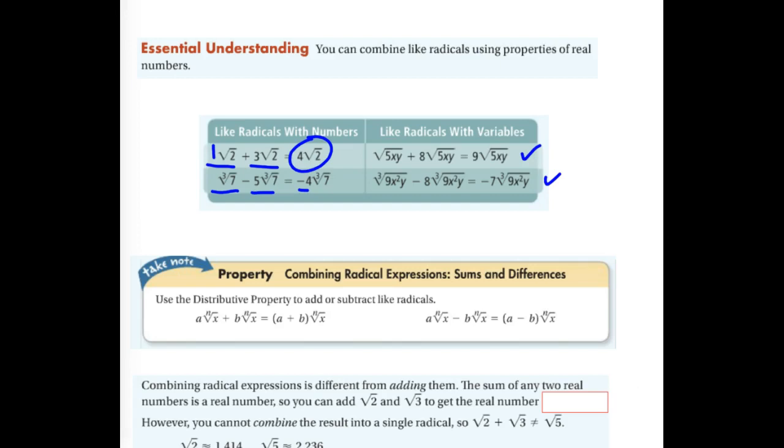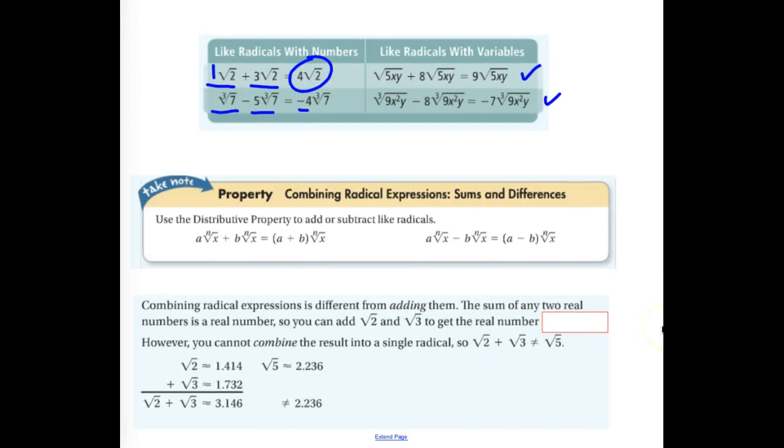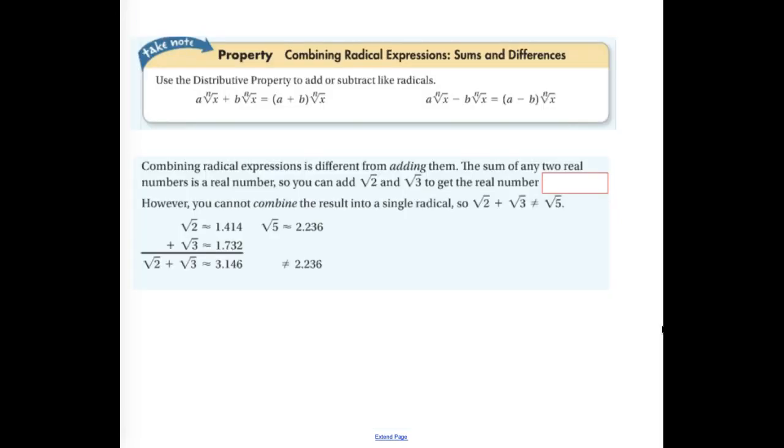So the way we do this, we are simply combining the coefficients. Our formal way of showing that, we have a nth roots of x, we're adding b nth roots of x, we add the a and b together, we still have nth roots of x. Okay, same thing for subtraction. Now, you don't have to put it in parentheses and put the a plus b written down like that, you can simply add them in your head.